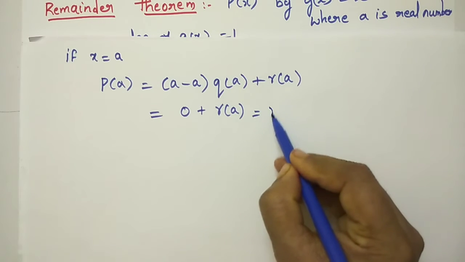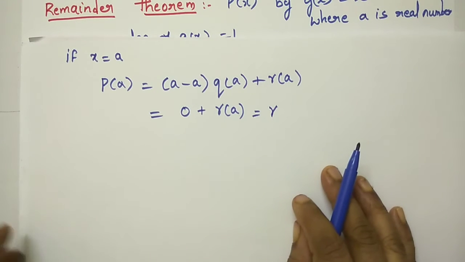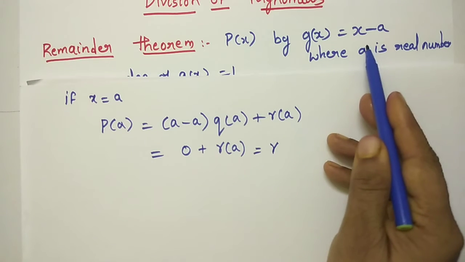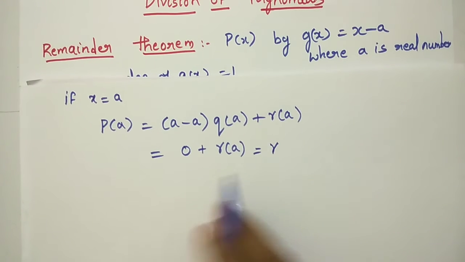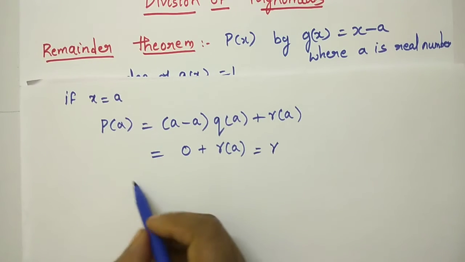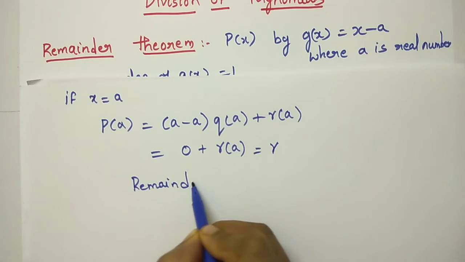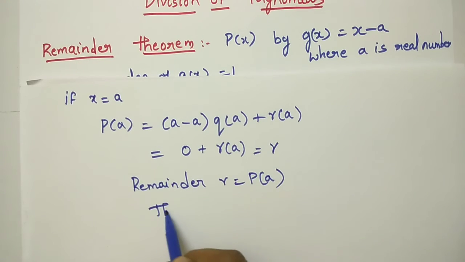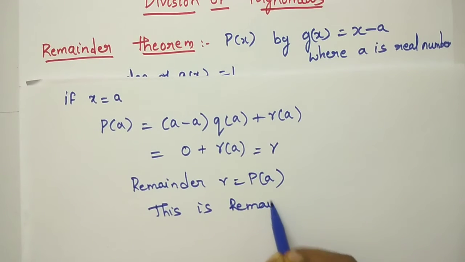So let us take it as r. The remainder theorem states that whenever a polynomial p of x is divided by a linear polynomial x minus a, where a is a real number, we get the remainder as p of a. The remainder r is equal to p of a. This is what the remainder theorem states.